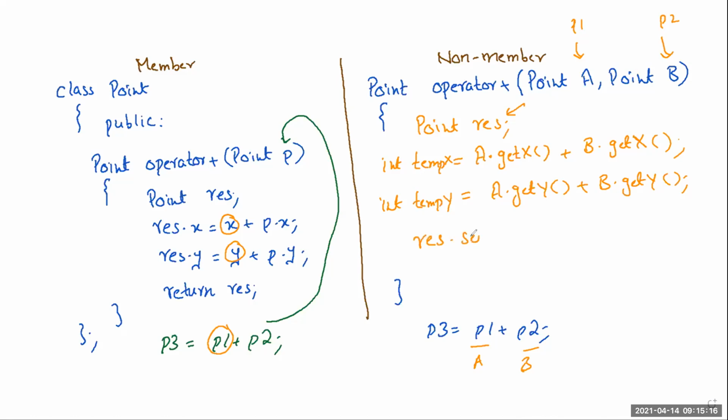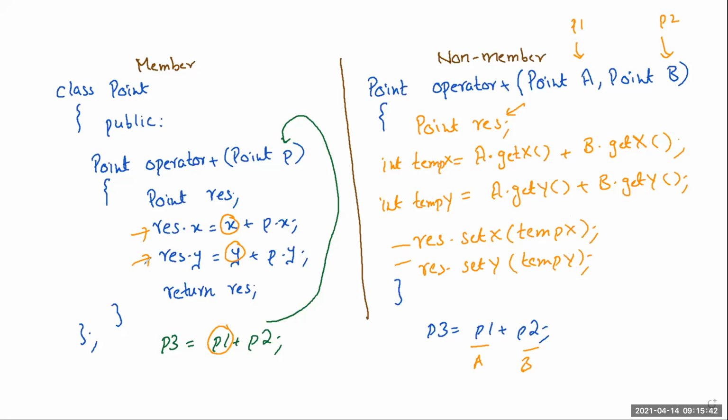So you can say setX, which is tempX, and setY, where you write tempY. Now you see these statements are similar to the statements on the left side, but on the left side we were directly using the dot operator to copy the value.